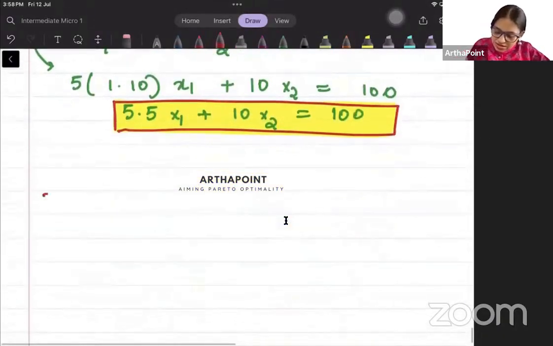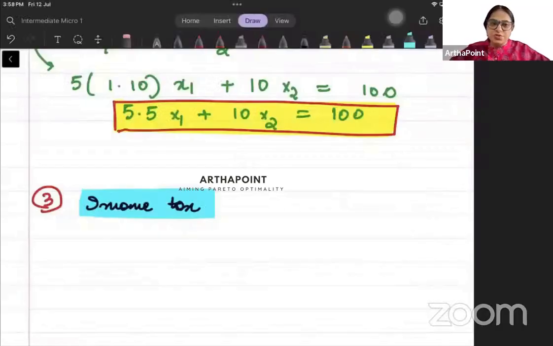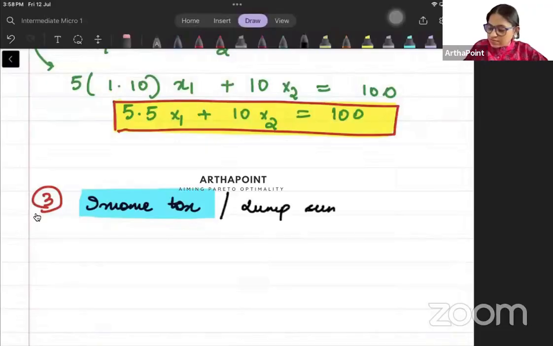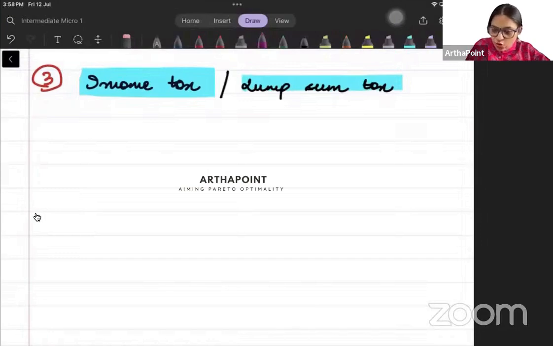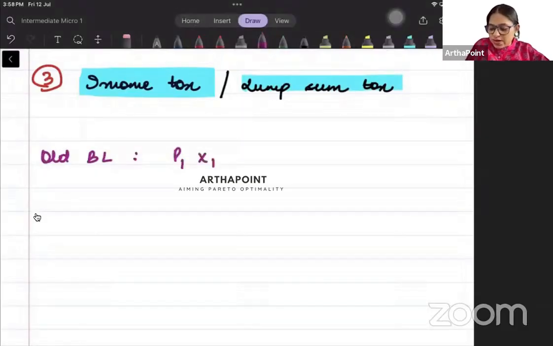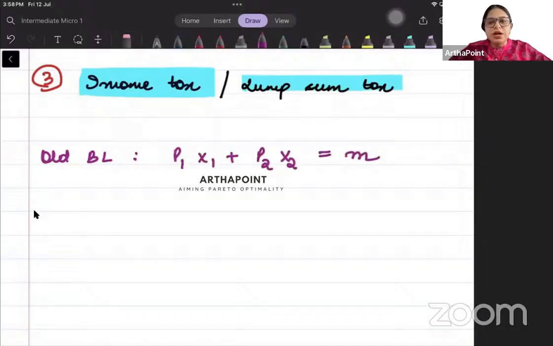Case 3, beta, the last case. Income tax is on the income of the consumer. It is also called a lump sum tax. For example, beta, your old budget line is P1 x1 plus P2 x2 is equal to the income of the consumer.